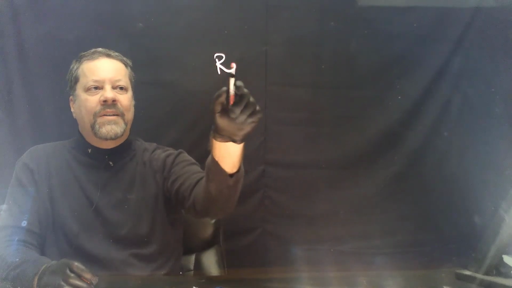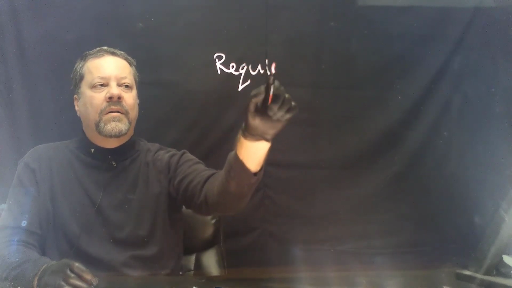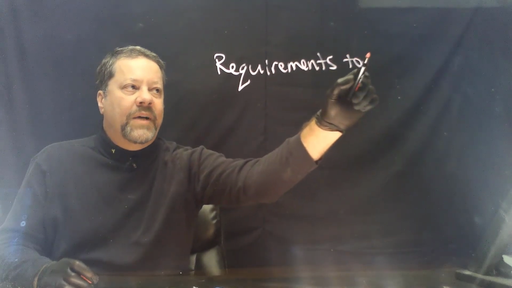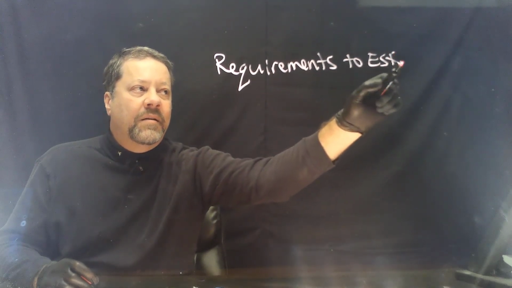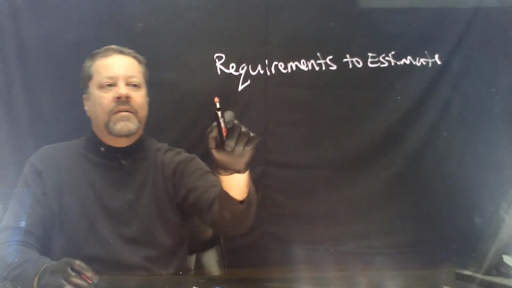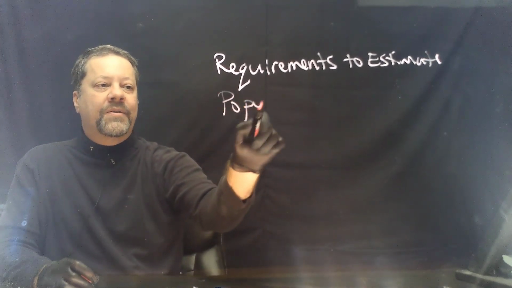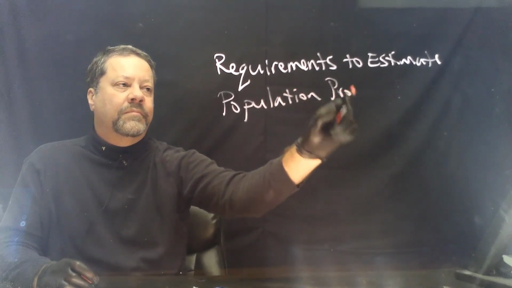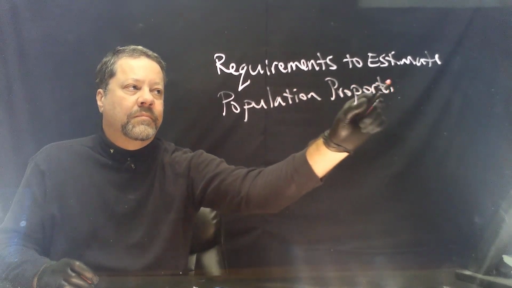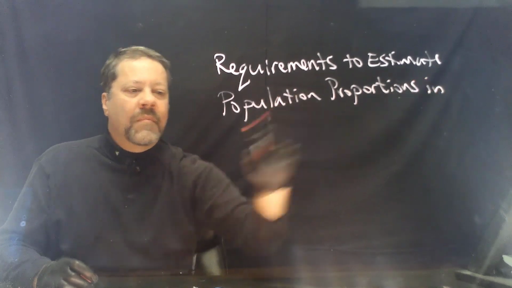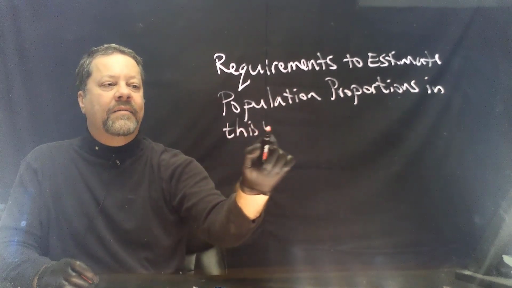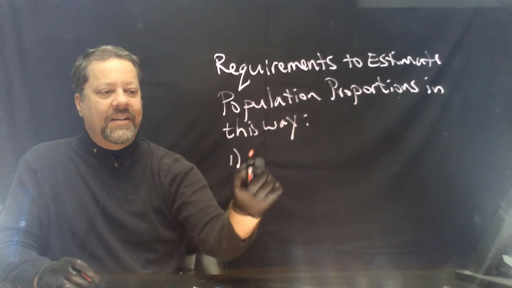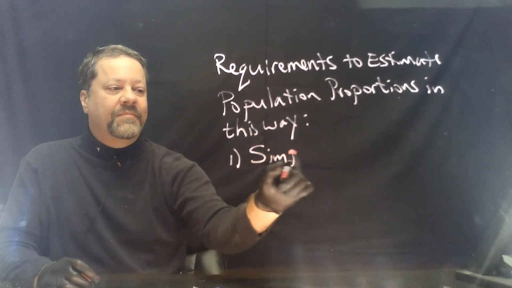What are the requirements to estimate population proportions in this way? Obviously, you need a simple random sample.